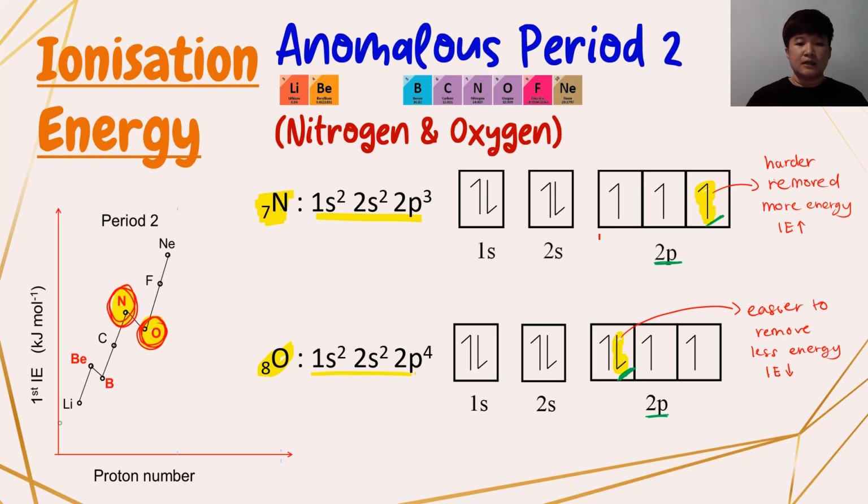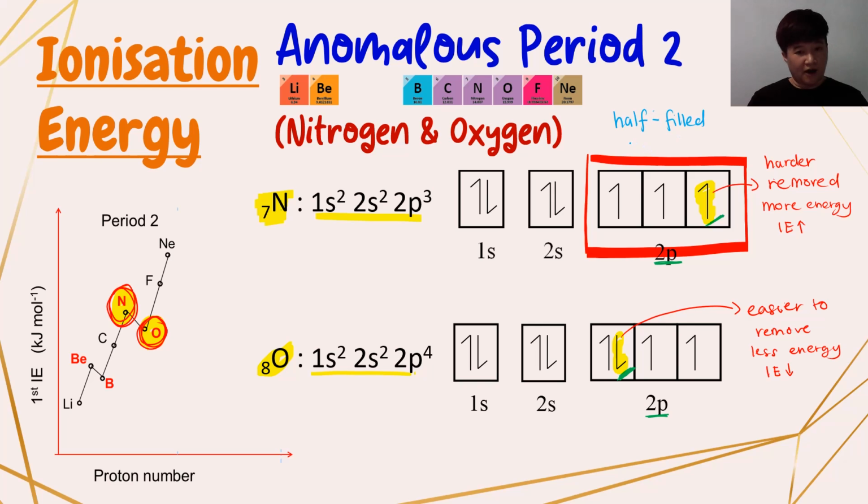And over here, the main reason is because this orbital right now has an extra stability. This orbital is what we call a half-filled p orbital, or half-filled 2p orbital to be detailed.